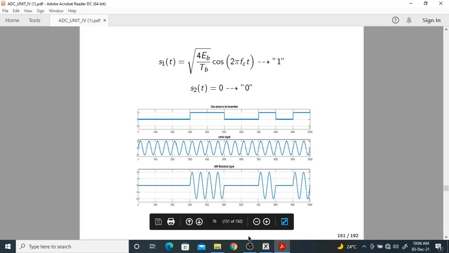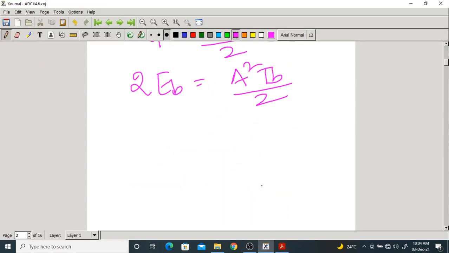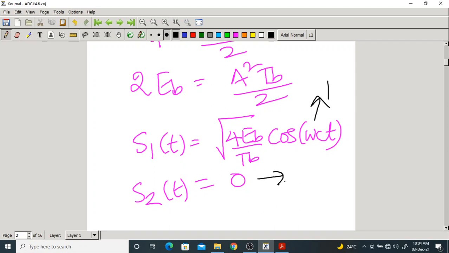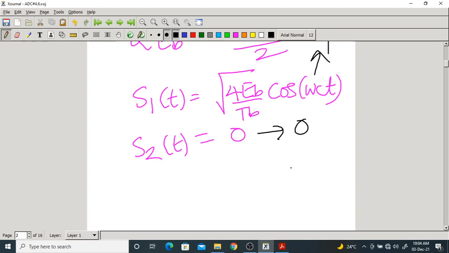So the final waveforms are S1 of t equals square root of 4 EB by TB cos omega ct for bit 1, and it is 0 for bit 0. We find it is a very simplistic model.